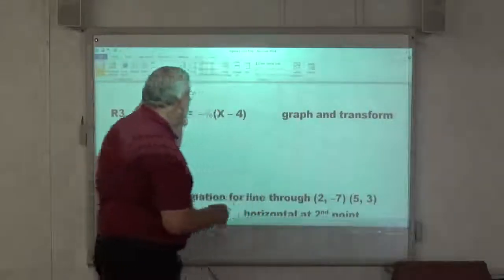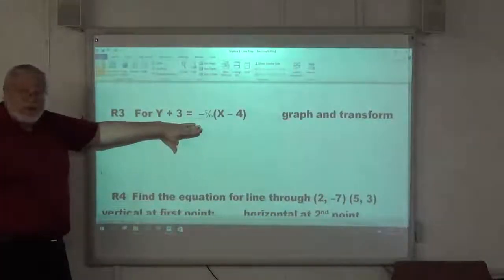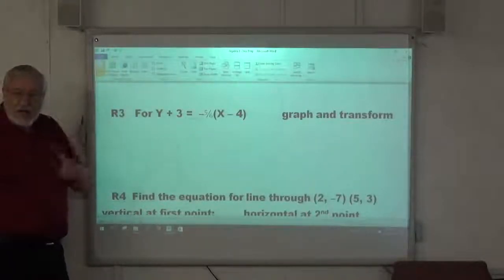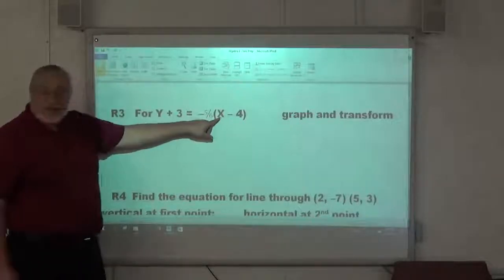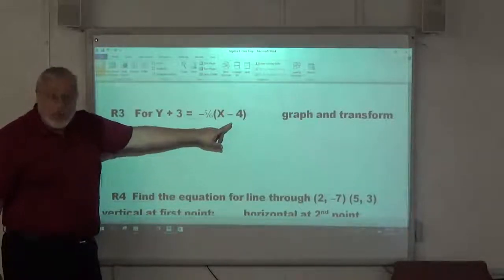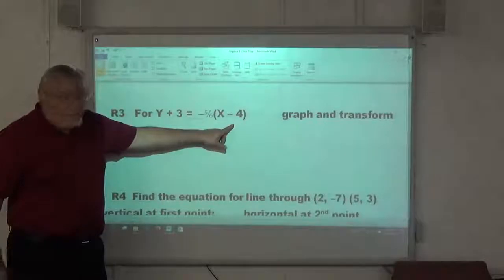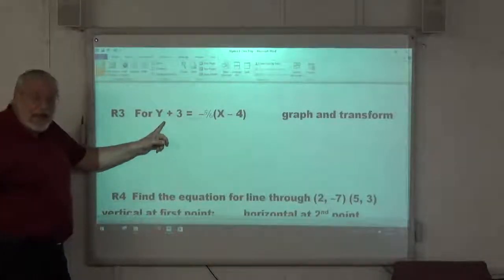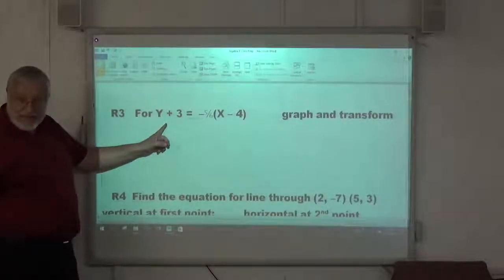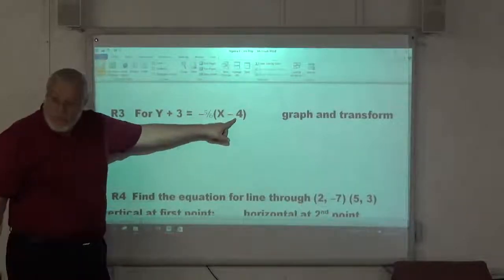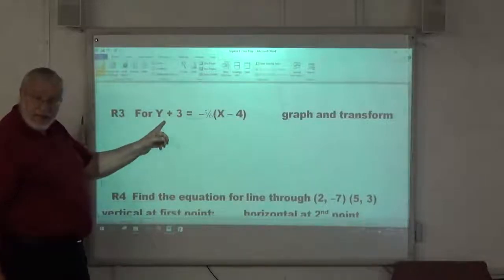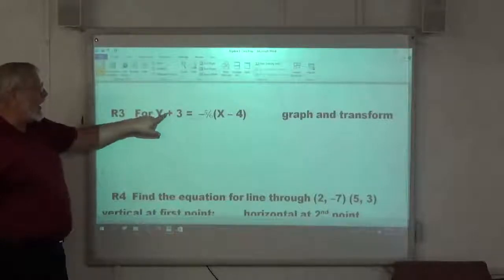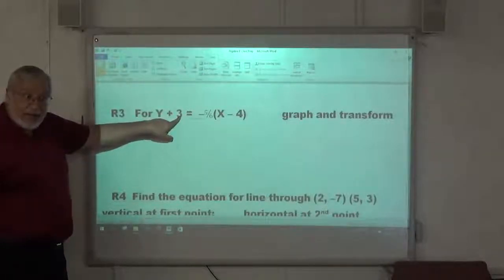Now, this is point slope. What's the point that's on the graph? It has an x of 4, opposite, and a y of -3, opposite. X of 4, y of -3. This is supposed to be a minus sign, so this is y minus -3.